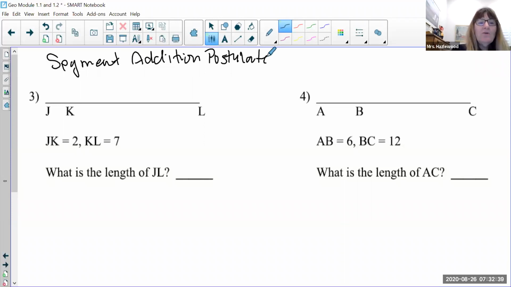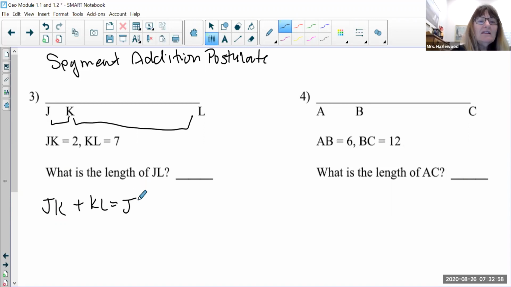So you're always going to start off by writing that statement that we had on the other page. So I know that JK plus KL, and this is my symbolic notation that's so important, is equal to JL. This is the information I have. Now I'm just going to use substitution.